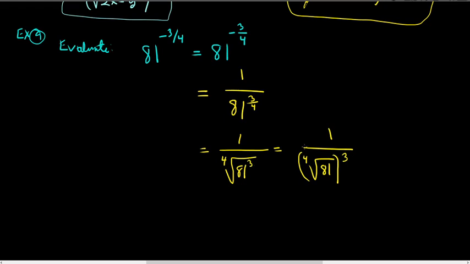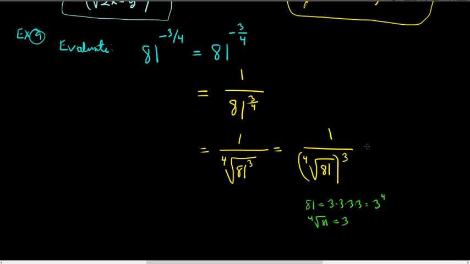So why is this better? Because I can think of the 4th root of 81 now. Or I can try to figure it out, right? 81, if you remember, is 3 times 3 times 3 times 3. It's 3 to the 4th power. So the 4th root of 81 is just 3.